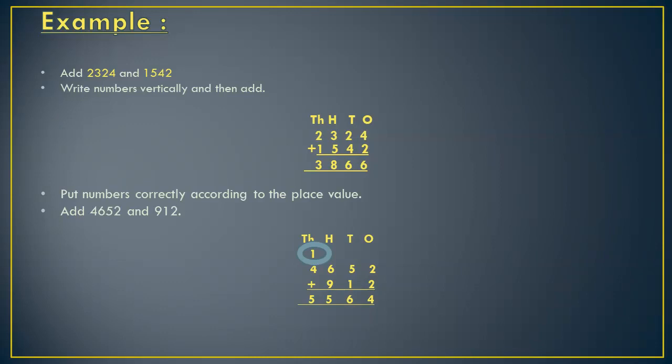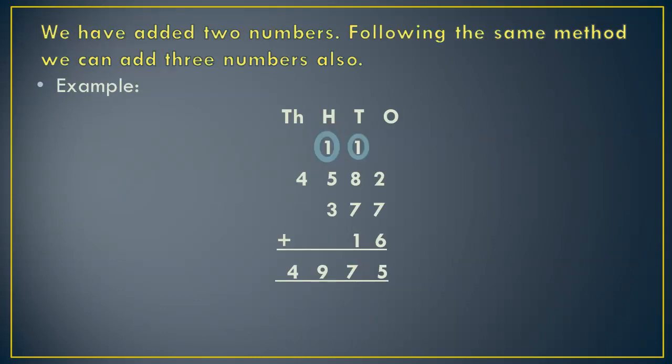Now we are going to take another example. Up till now we have added two numbers. Following the same method, we can add three numbers also. Now we have three values: 4582, the next one is 377, and the last one is 16. Again, put numbers correctly according to the place values. Step number 1 is add the ones. 2 plus 7 plus 6 is equal to 15.